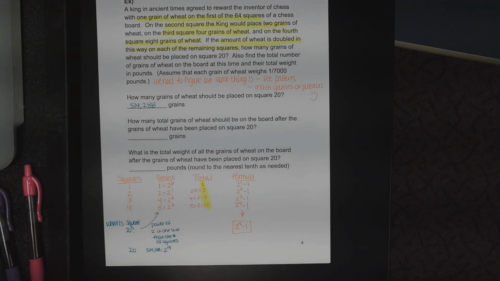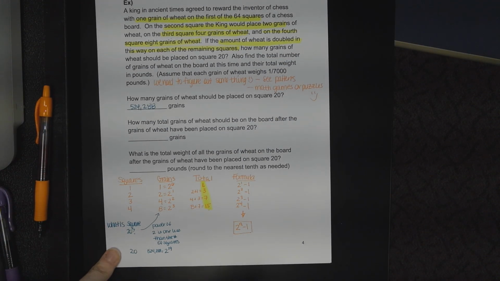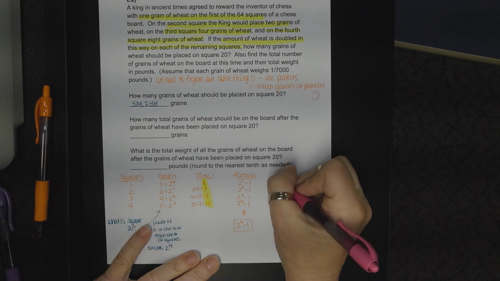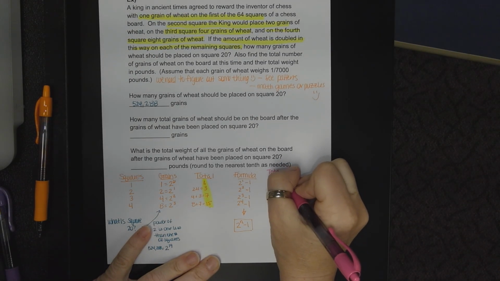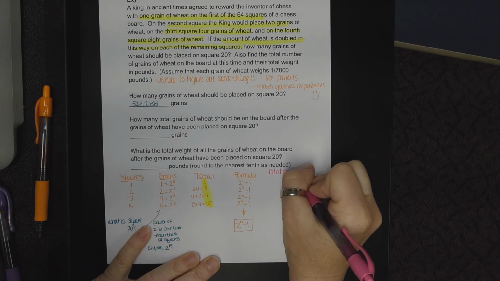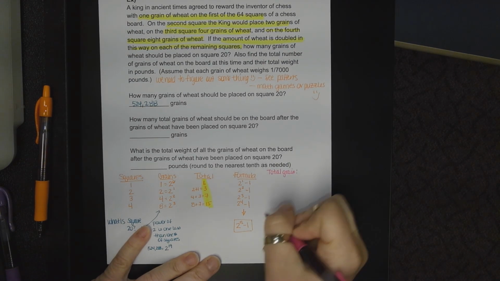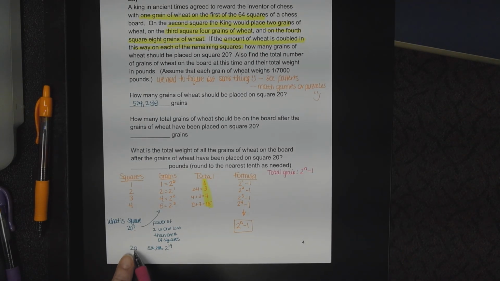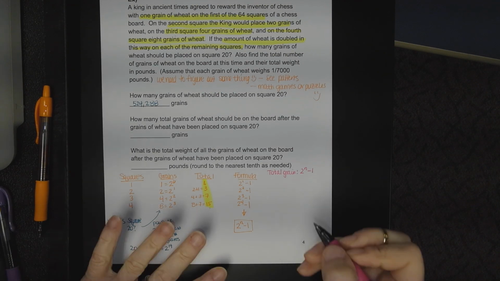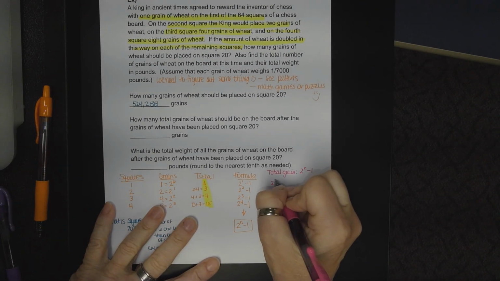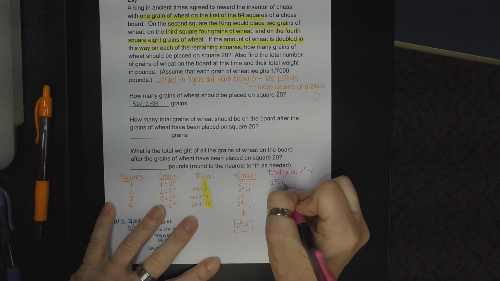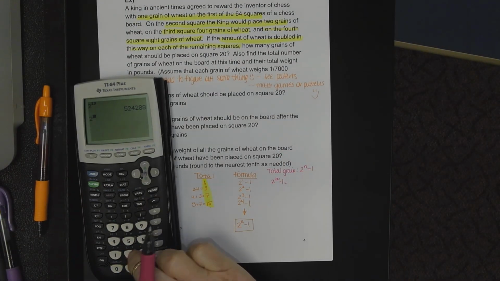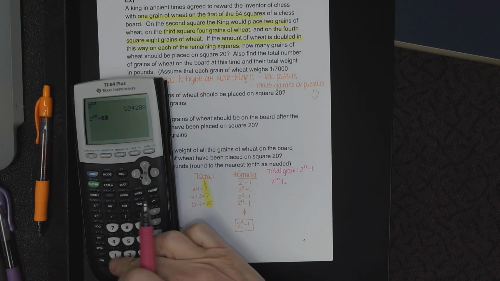So we know now we're wanting to focus on what square? 20. So our total grain formula is 2 to the n minus 1. But we're wanting to focus on square 20. So we're going to say 2 raised to the 20 minus 1. And let's put this in our calculator. 2 raised to the 20 minus 1.